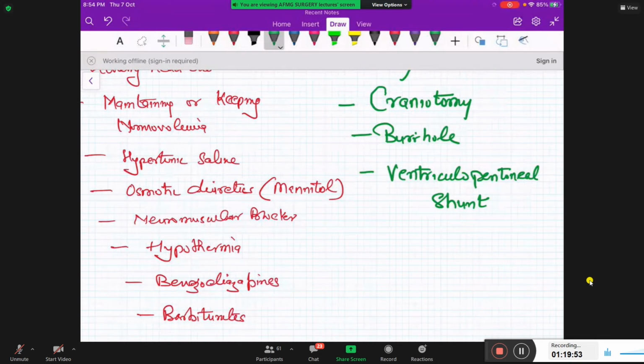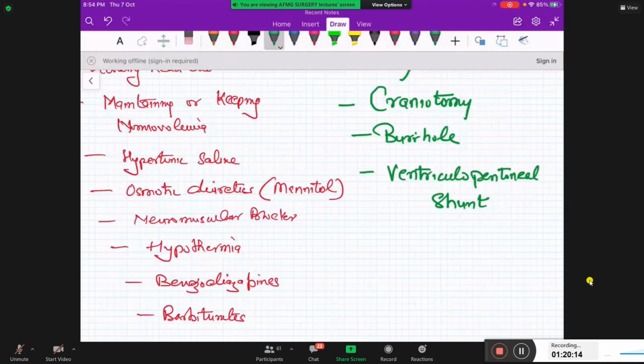These are the various surgical ways of lowering intracranial pressure.